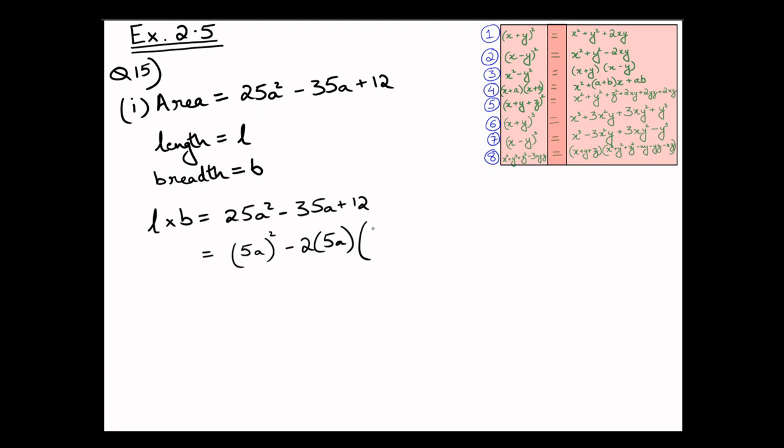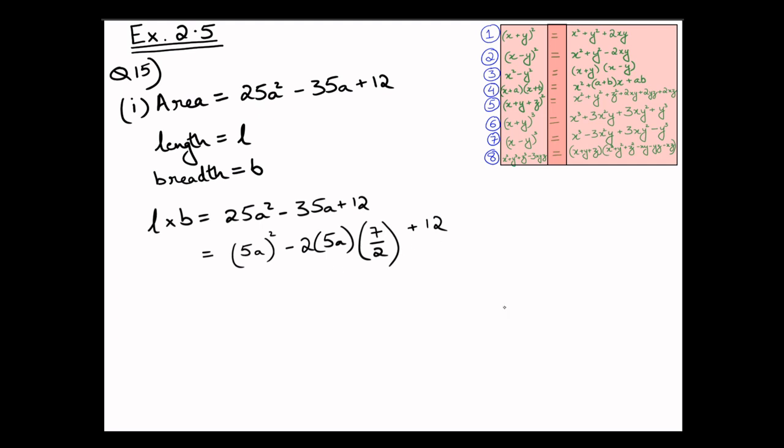I'll need to multiply this term by 7 by 2 in order to get this. And I have plus 12 over here. Now, notice that when I do this, I can't really factorize it. The third term over here, plus 12, isn't really 7 by 2 whole square. So that way I will not be able to factorize this.